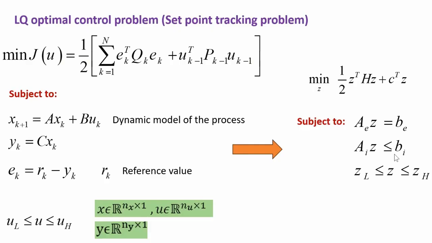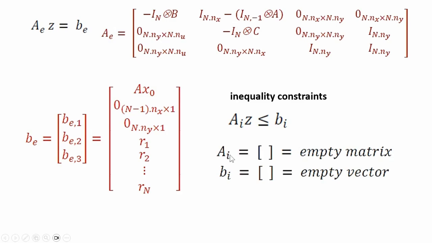Thus, for this particular example, as we don't have inequality constraints, AI and BI are simply an empty matrix and vector. But if the original problem had some inequality constraints, then we cannot write it like this. If the original problem has inequality constraints, then they should be changed to the standard formulation by making structured matrices and structured vectors, just like we did for the equality constraint.